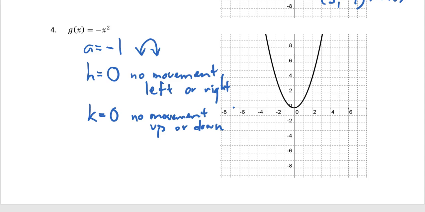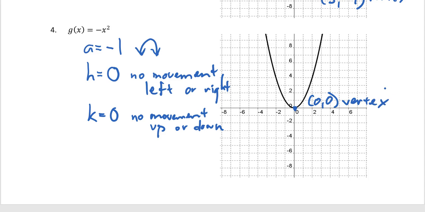The only movement we have is that our parabola should be opening down. That means that our existing vertex is going to stay right at 0, 0. That is going to be our vertex at 0, 0.